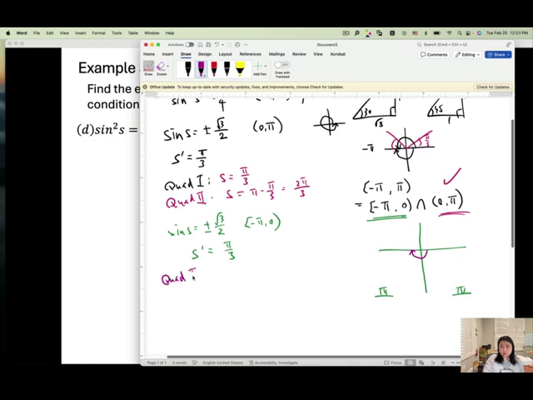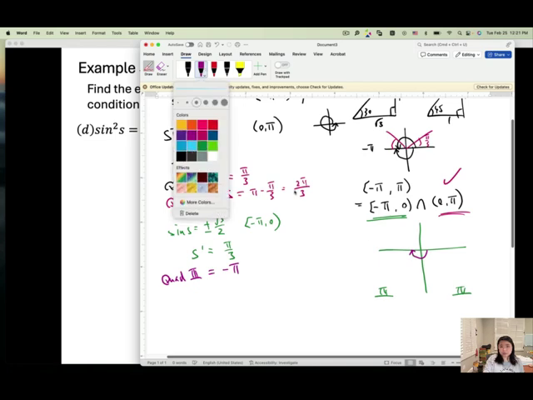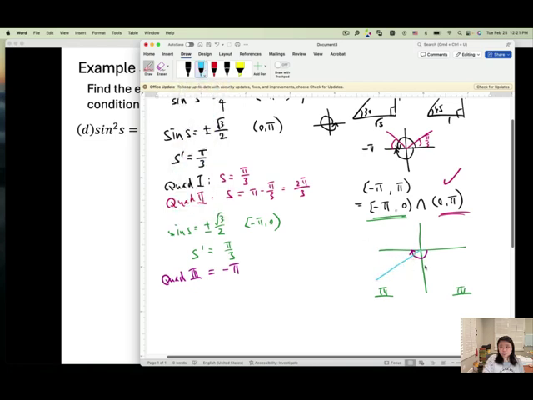For quadrant 3, when we're going clockwise, we do have a negative pi, and then we have the reference angle pi over 3. We try to calculate the angle starting from here to here, which is going to be negative something.